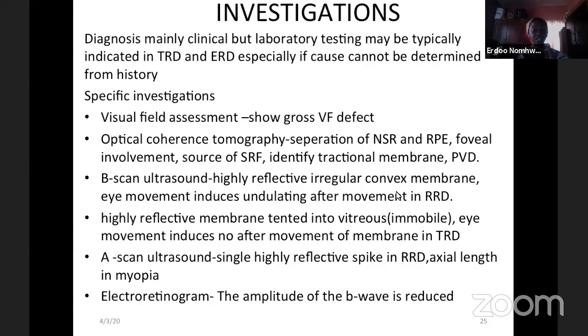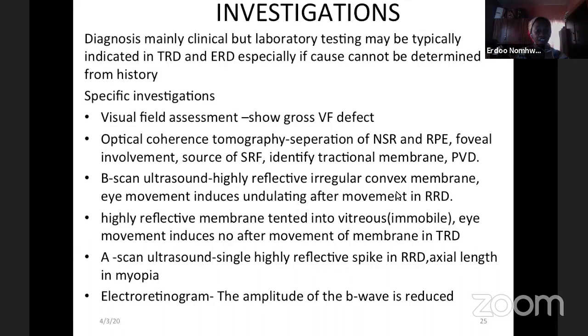And then an A scan for any of this, especially for the rhegmatogenous retinal detachment, will give me a single highly reflected spike. The A scan also would help to actually measure the AP diameter, and if I had the history of myopia and I was not sure of the power, it could actually help me.